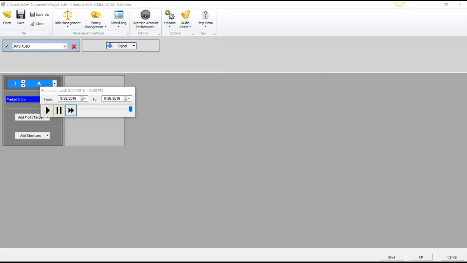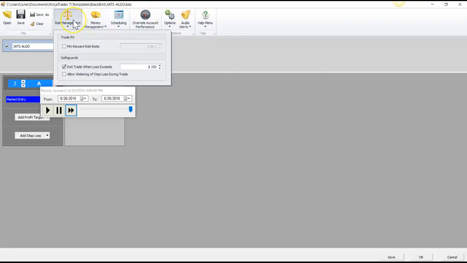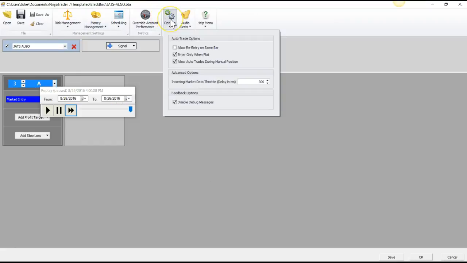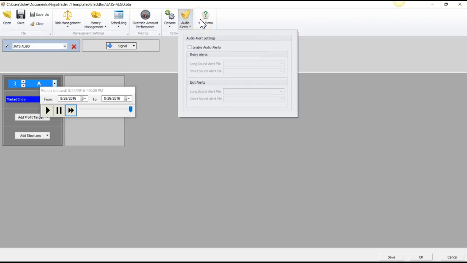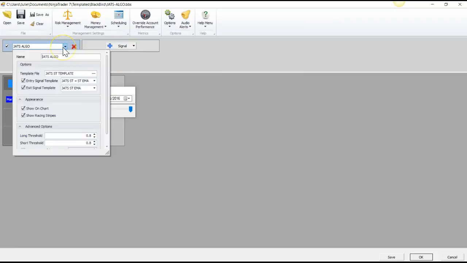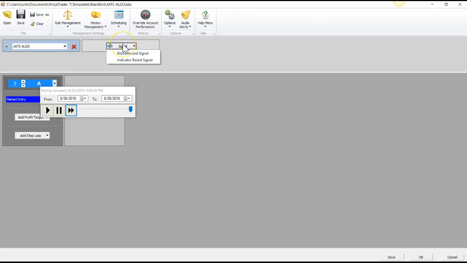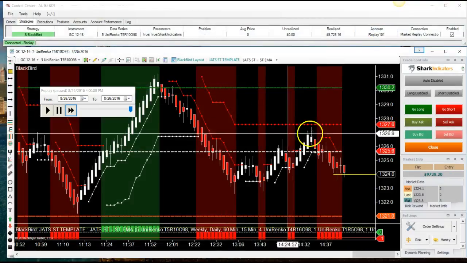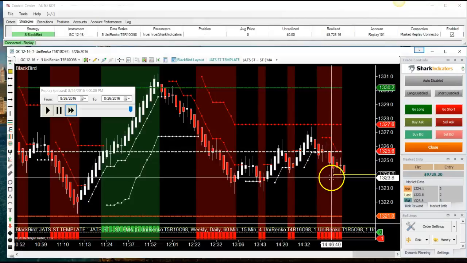And if your risk management, your money management, alerts, and of course your entries, multiple entries and signals on either your bloodhound strategy or your indicator-based signals, then you can add your profit targets, your stop losses, trailing stop losses, and I just run everything that I've got through my bloodhound template.